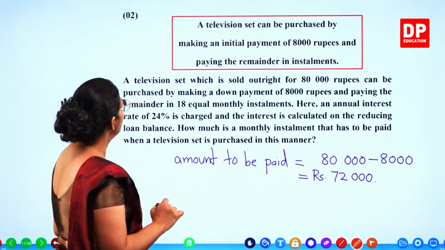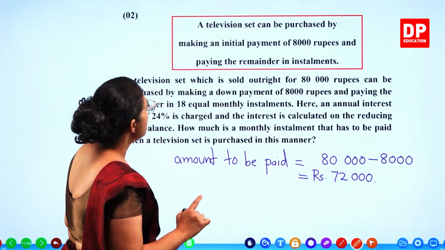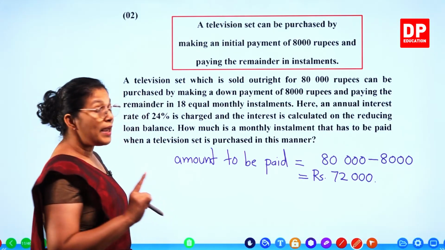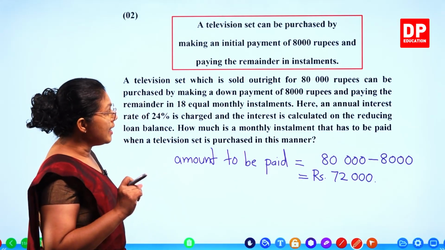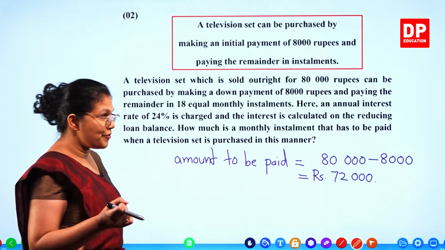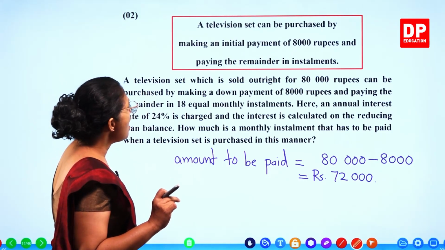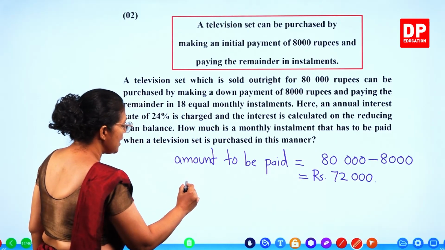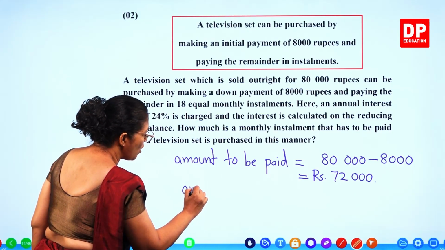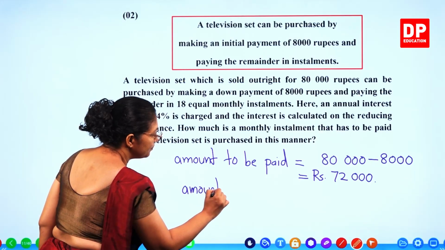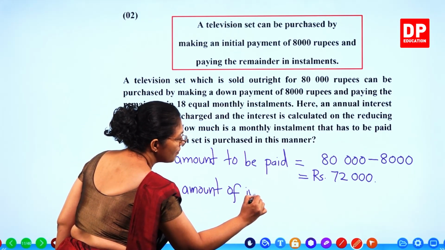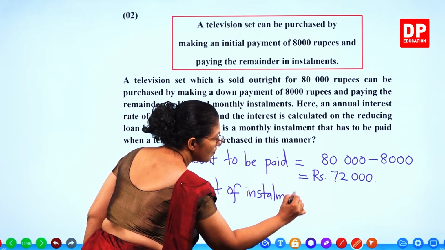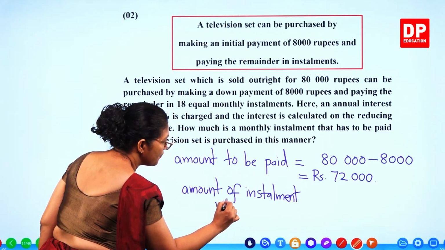Then what do you do? It says the annual interest rate is 24%. So we can find out the installment amount without the interest first, because there are 18 equal monthly installments. Amount of installment without the interest.